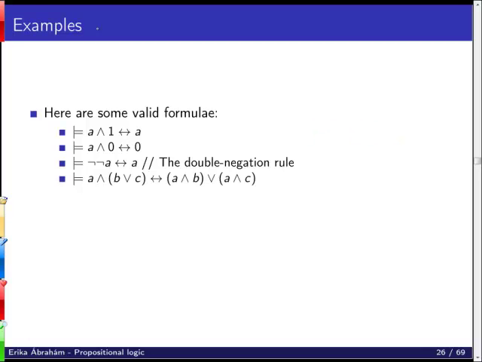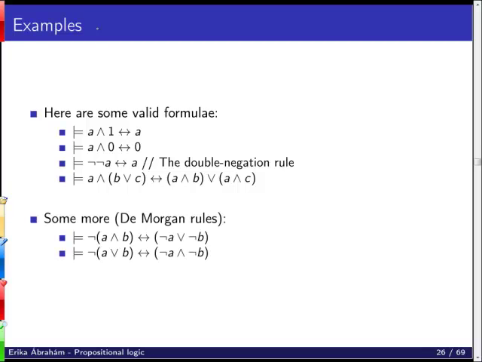For example, distribution. If A and (B or C) holds and you want to have it in disjunctive normal form instead of conjunctive form, then you make use of the distributivity and you say this is if and only if (A and B) or (A and C).